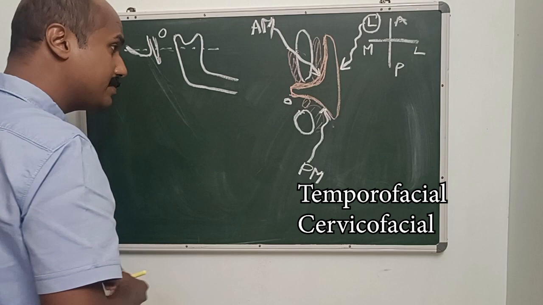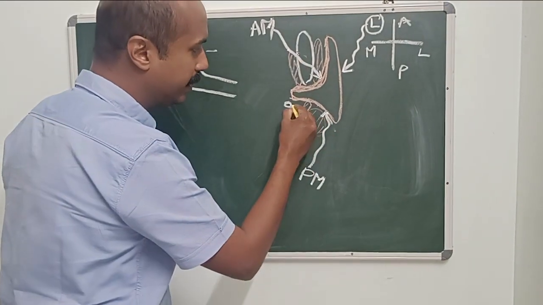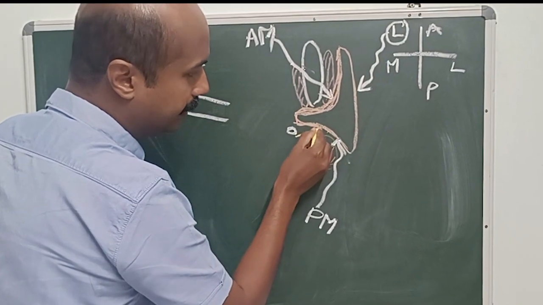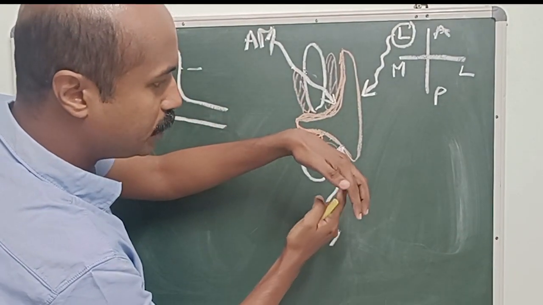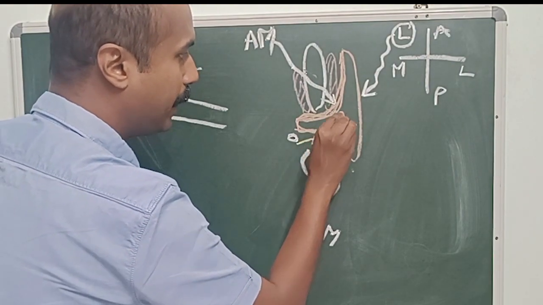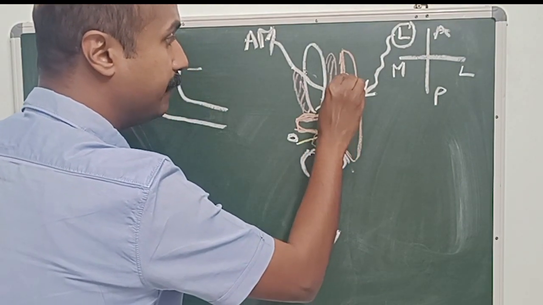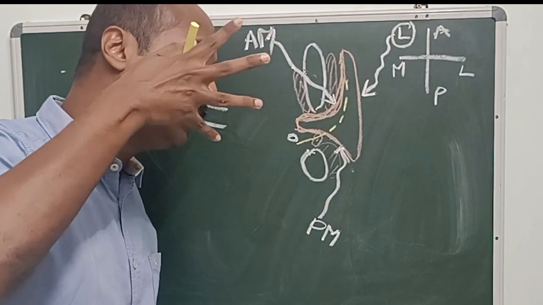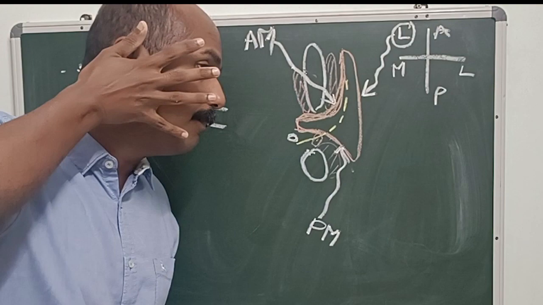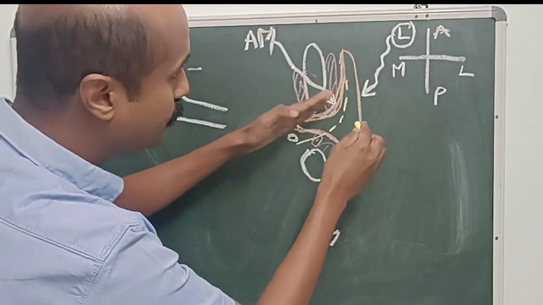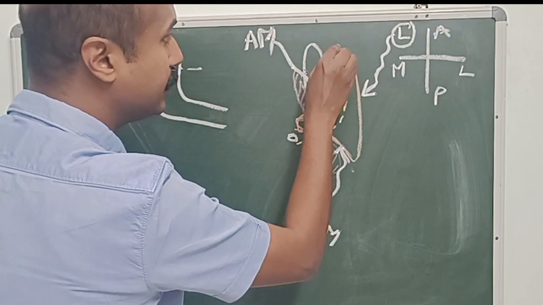So let me use a yellow color, which is representing a nerve. The nerve is actually coming like this, and it is entering into the posteromedial surface, thus entering into the substance of the parotid gland, and there it divides into the temporofacial and cervicofacial trunks, and then it further divides to become the 5 branches that exit through the anteromedial surface.